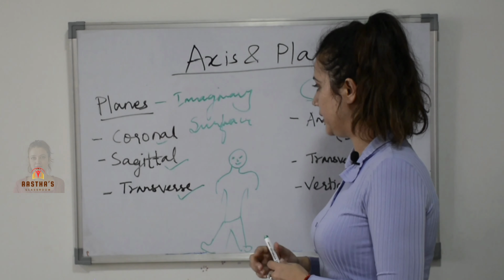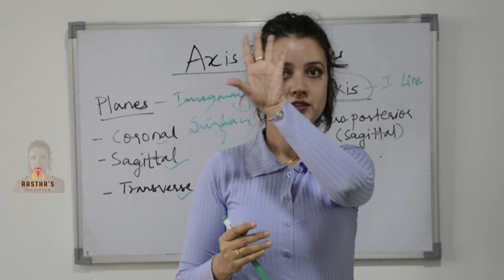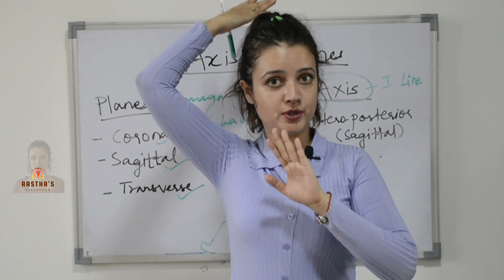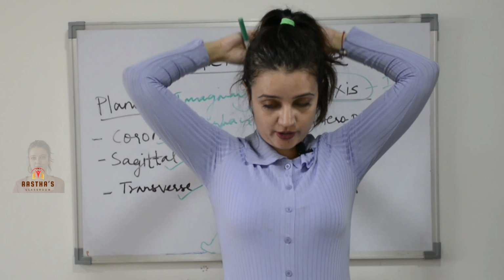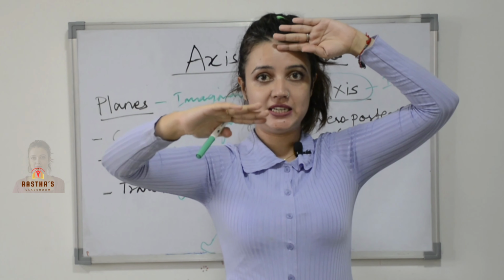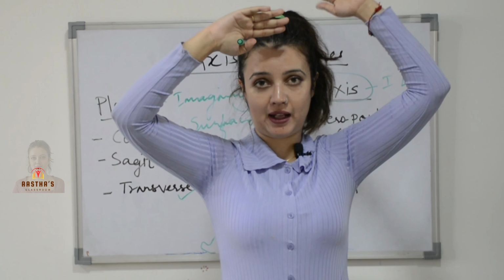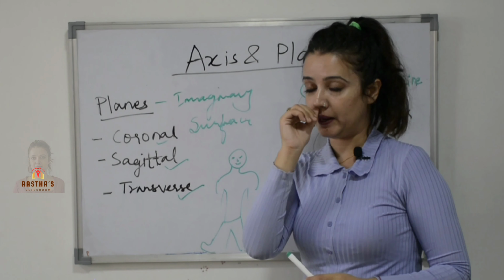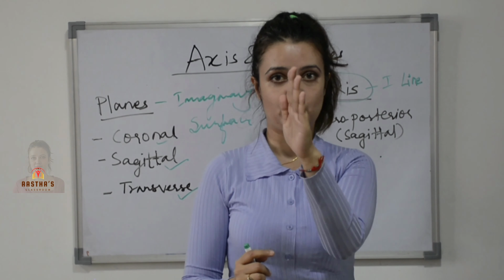Now the coronal plane divides the body into anterior half and posterior half, that is front half and back half. So that is the coronal plane. Now the sagittal plane is the plane which comes in this way.